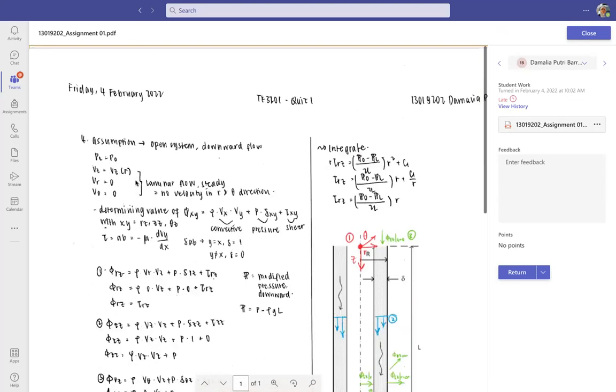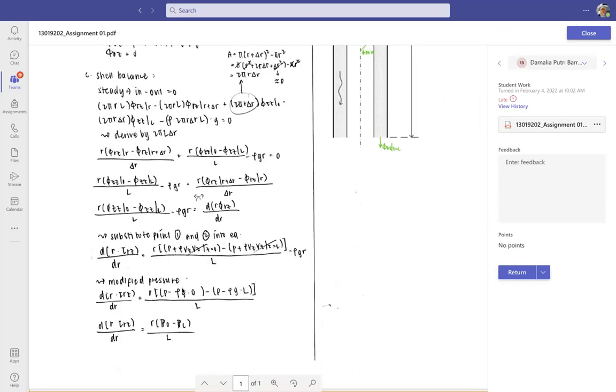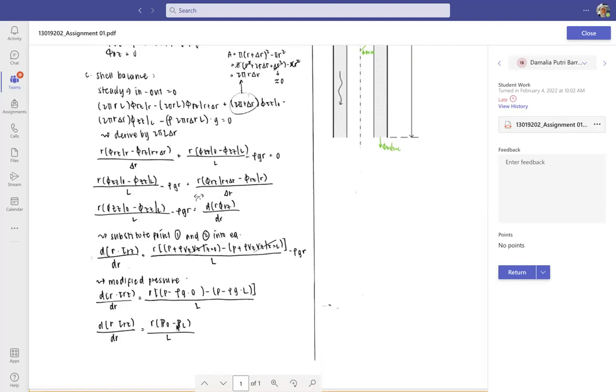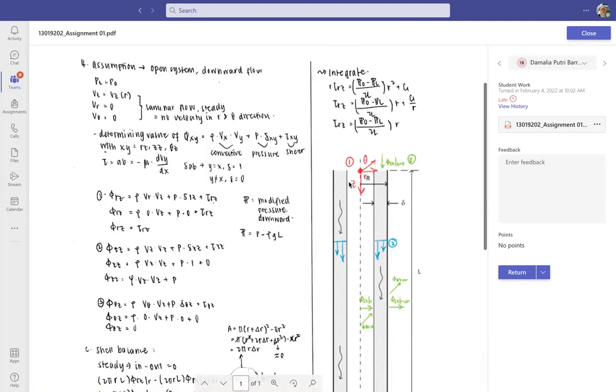You said it at the beginning that it is an open system with downward flow. So what is still there would be rho, g, and only R. So I think you have to recheck the work, Dama, and then integrate.